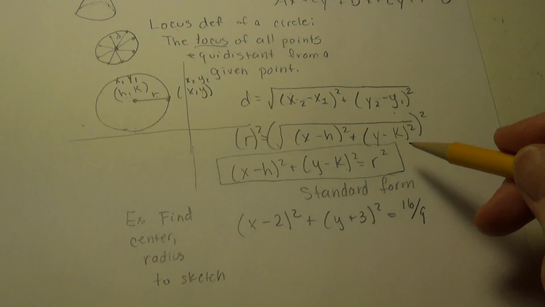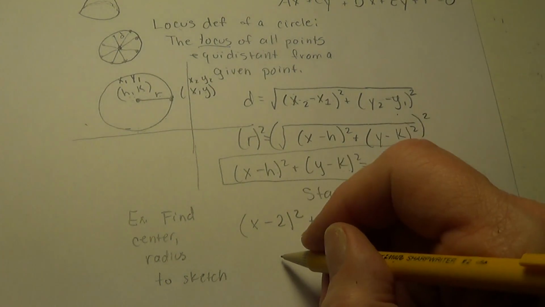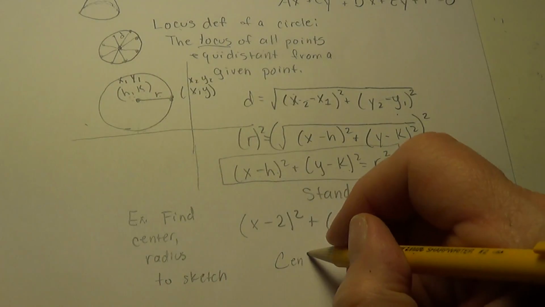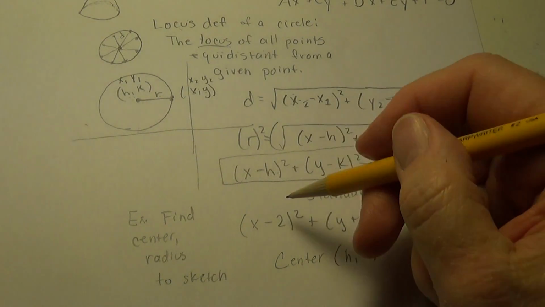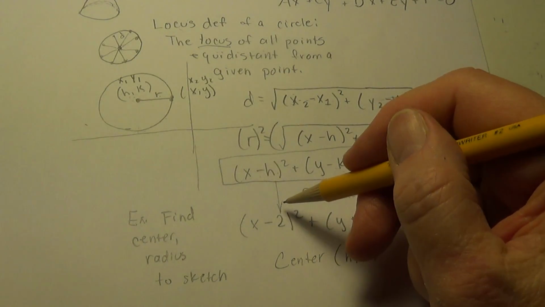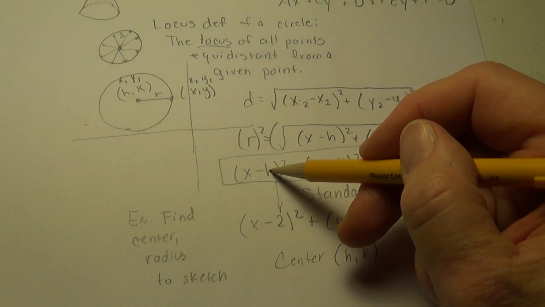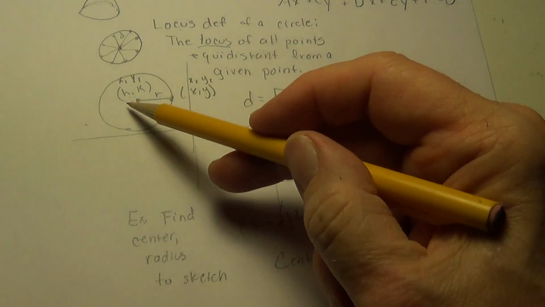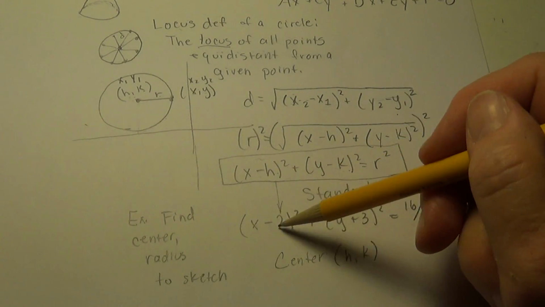So this is in standard form, so I know right where to look for my center. Remember, the center is h and k. So h is always situated in this position, and it's the opposite sign. Because in the formula we have negative h, and I want positive h. So whatever sign is here, I'm going to use the opposite.